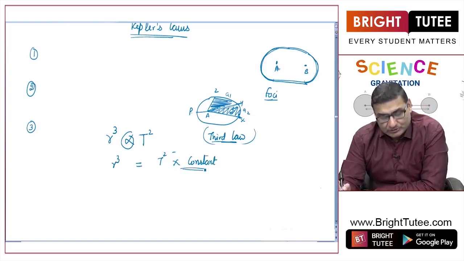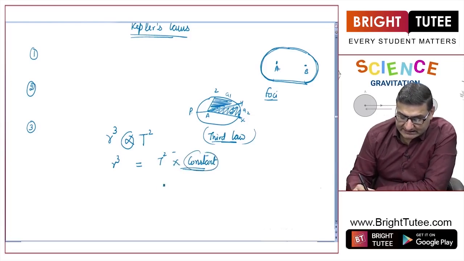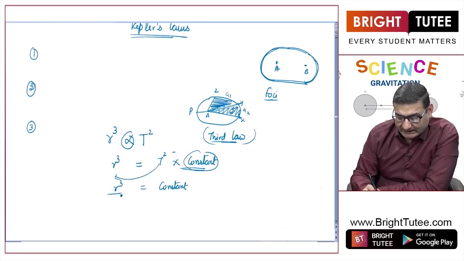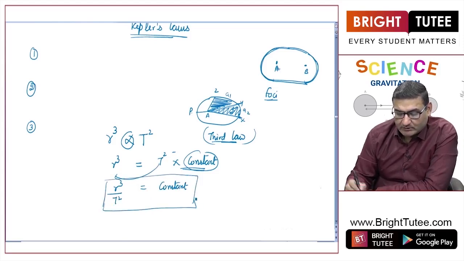So, keeping the constant on this side, taking t square to the side of r cube, we get r cube by t square is equal to a constant.